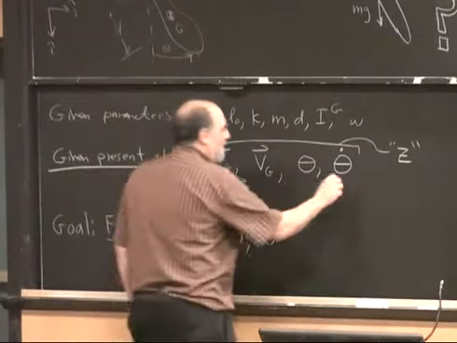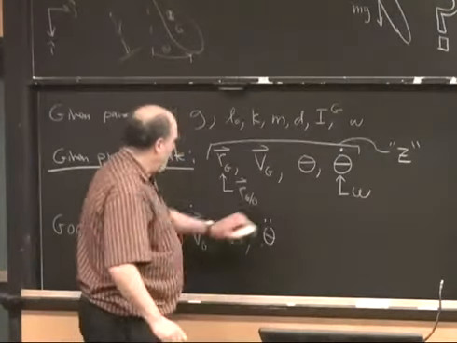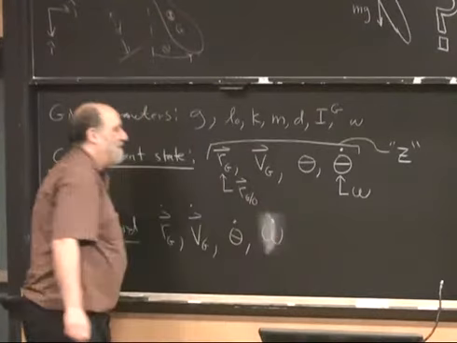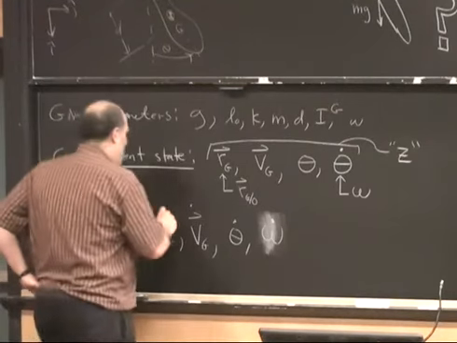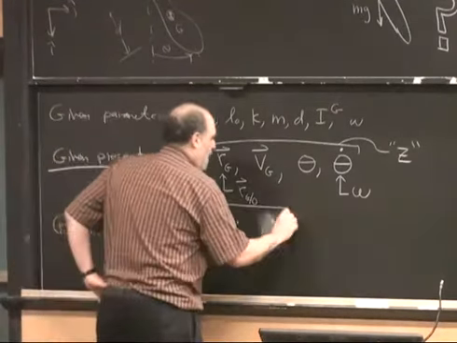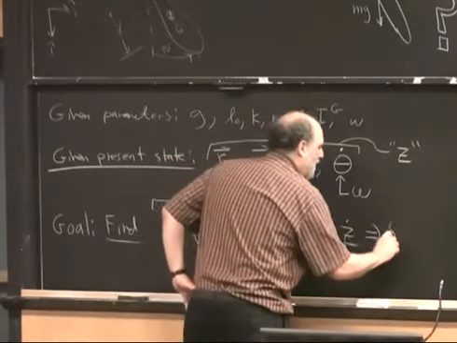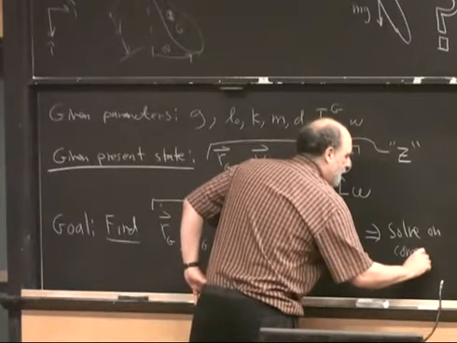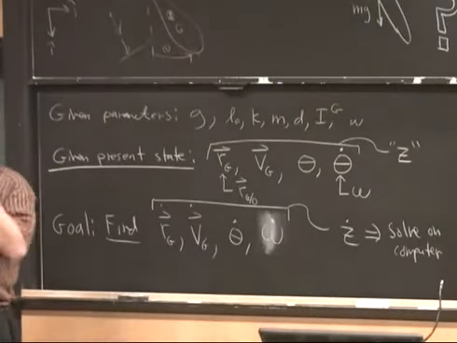Now we can make this a little less confusing if we call this thing omega, and then we don't have the trivial result looking quite so trivial. So our goal is to find this list of numbers. Therefore, this whole collection we think of as Z dot, and this then we can solve on the computer. So this is the overall logical setup.